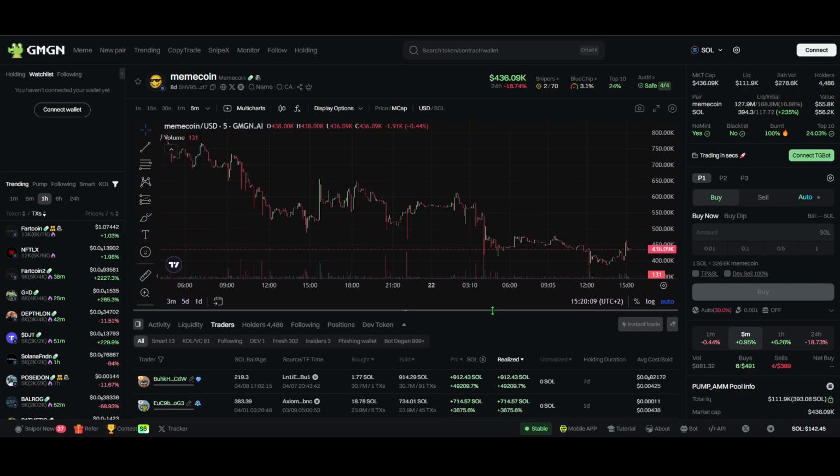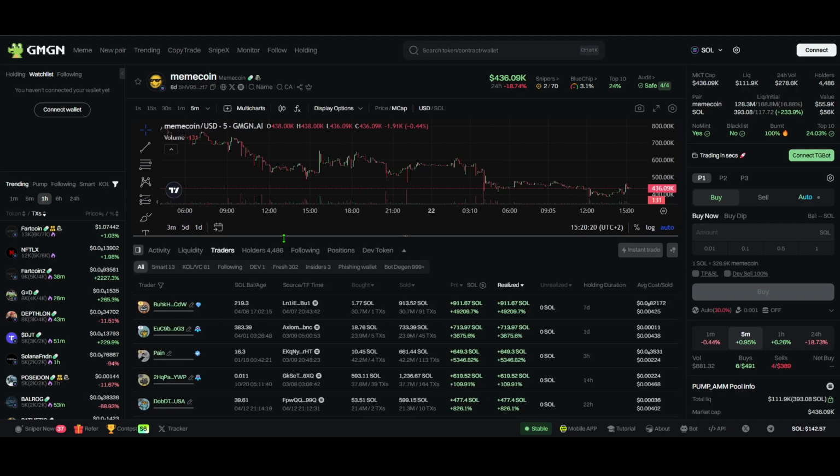In general, what you see here is, of course, the name. You see a lot of information about the coin itself, the market price. If you scroll up here, you can see which traders have bought this meme coin, which are the top traders. That is also the information that we will be using.